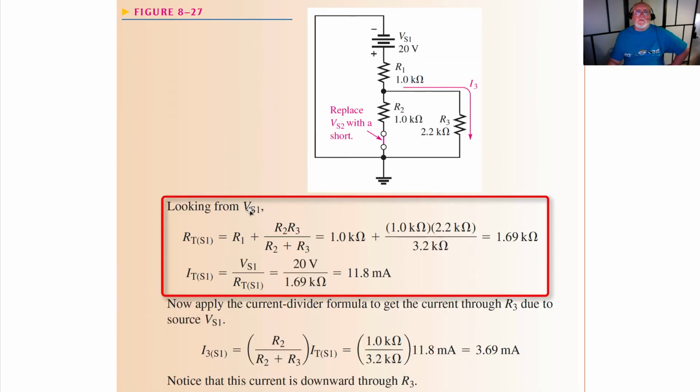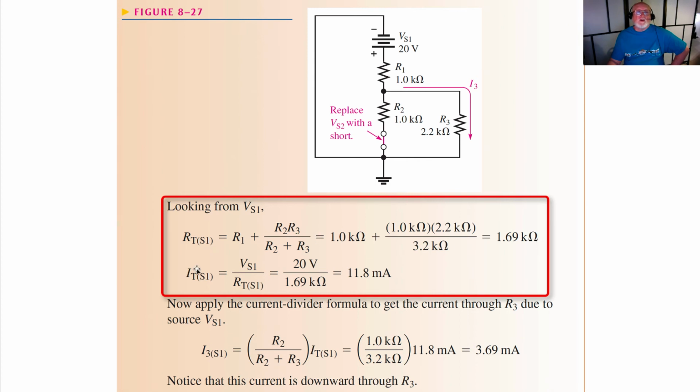Looking from V source 1, the total resistance due to source 1 is R1 plus the product over the sum, R2 times R3 divided by R2 plus R3, which gives us, when we plug in our values, 1 k ohm times 2.2 k ohms divided by 3.2 k ohms, a 1.69 k ohm total resistance.